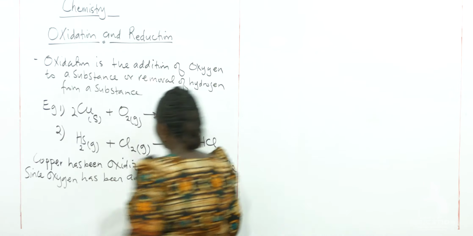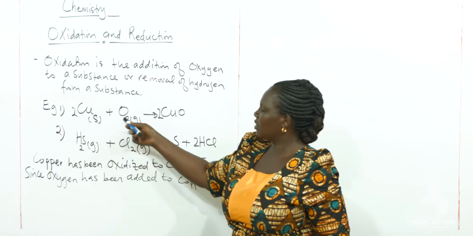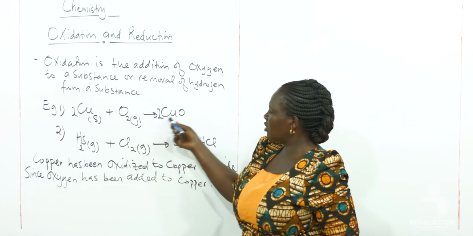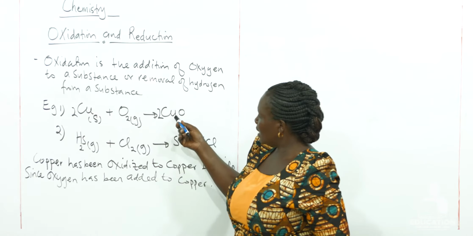We have copper metal, that is in solid form, plus oxygen gas. This reacts to give us copper 2 oxide. So copper has been oxidized.